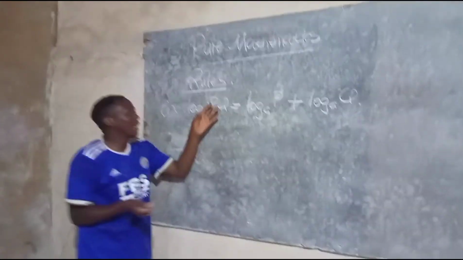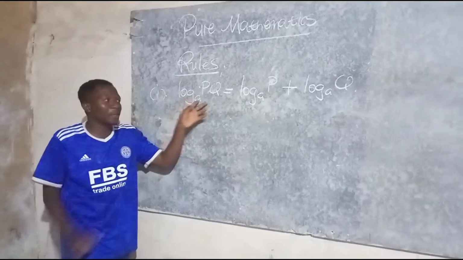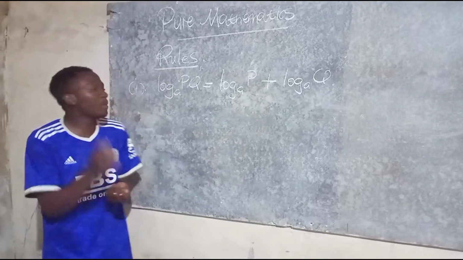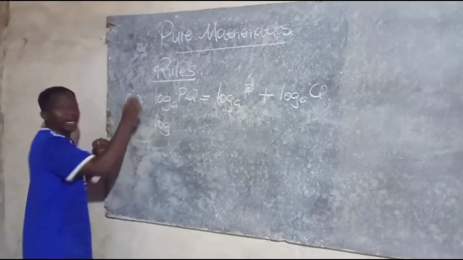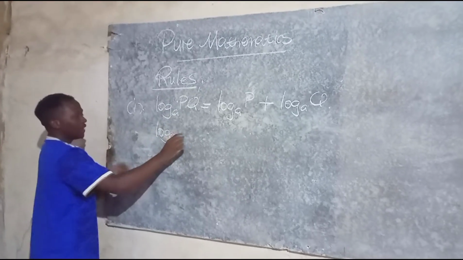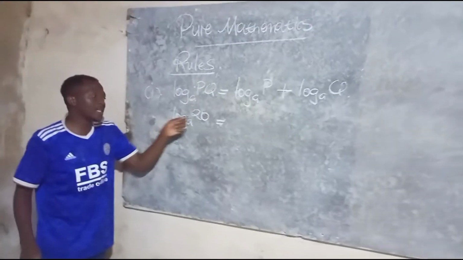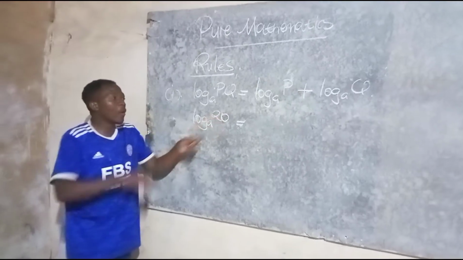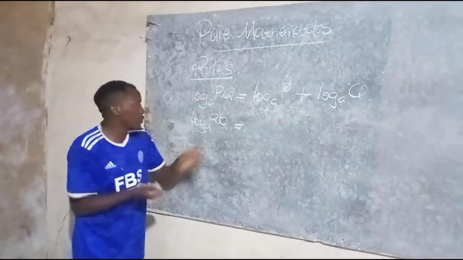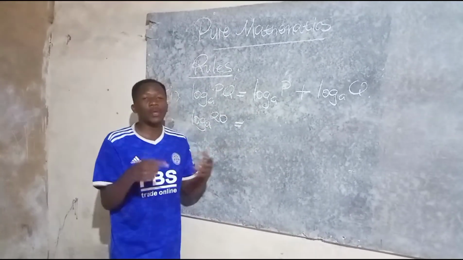So whenever 2 letters or 2 numbers are combined under the same logarithm, so long as the base is the same, it means you are adding 2 logarithmic expressions. And this can be proved. Like if we have log a of 20, we can write this 20 separately using 2 numbers we can multiply to get 20, which could be 4 and 5, 2 and 10, 5 and 4, and 1 and 20.